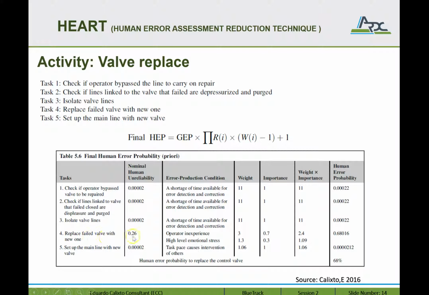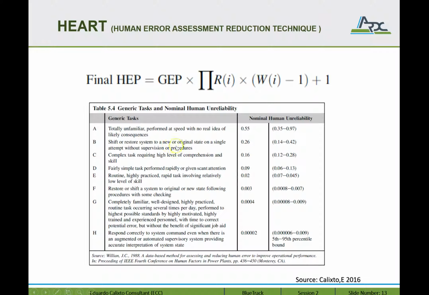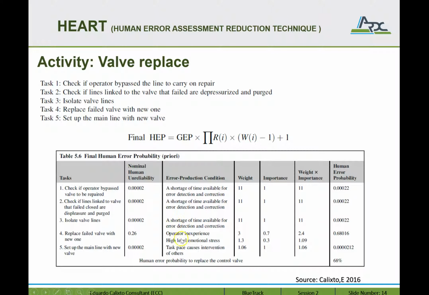So looking at the nominal human reliability table, we got this value here based on the activity that's more similar with that. So it's this one. So we get this 0.26. So now we have, let's say, one error producing condition here, only one in this case, that's operating experience.